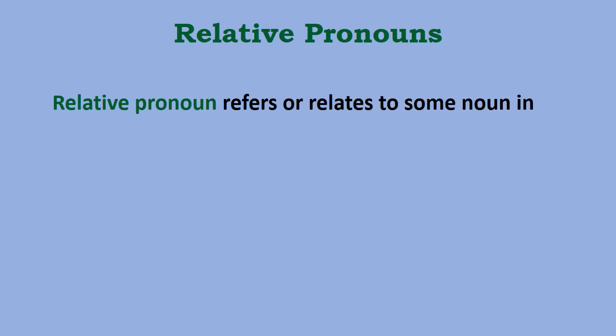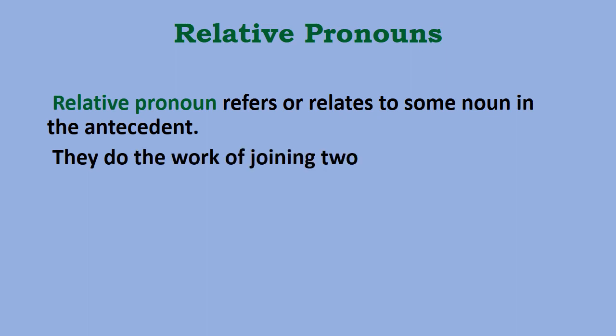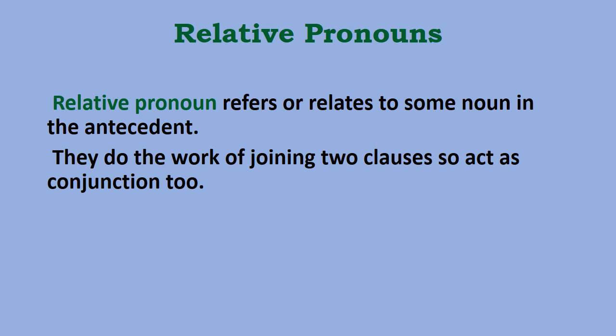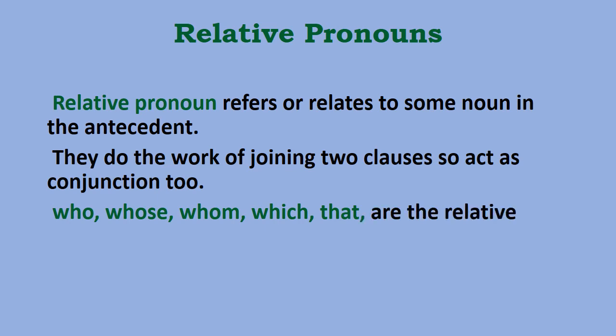Next is the relative pronoun. A relative pronoun refers or relates to some noun in the antecedent. The antecedent is the earlier part of the sentence. They do the work of joining two clauses, so they act as conjunctions too. Who, whose, whom, which, that are the relative pronouns.